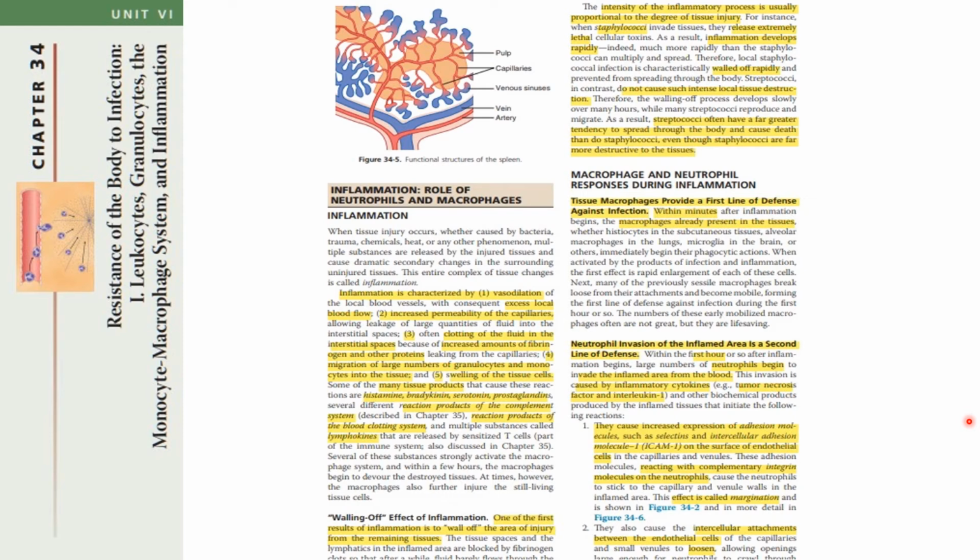Number 1, they cause increased expression of adhesion molecules such as selectin and the intercellular adhesion molecule on the surface of endothelial cells, reacting with the complementary integrin molecule of neutrophils, which is called margination. Number 2, they also cause the intercellular attachments between the endothelial cells of the capillaries and small venules to loosen up.